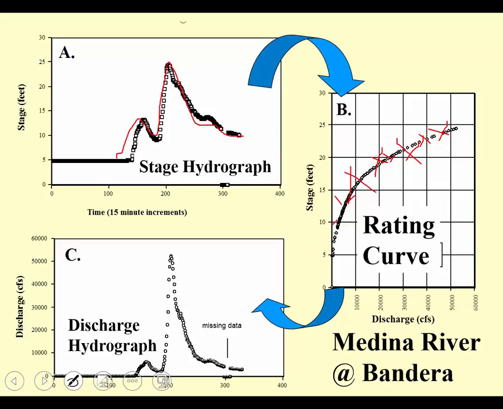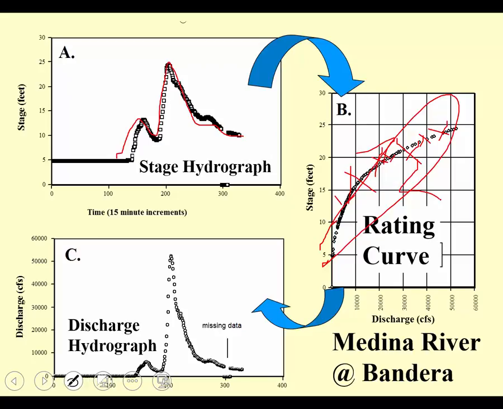There are two things: constant for a particular place, and if not, are there seasonal variations? The answer is yes. There are rating curves for the rising stage and the falling stage. They're what we call looped rating curves. It goes up like this and down like this. So it is more complicated than this, but that is what they do.